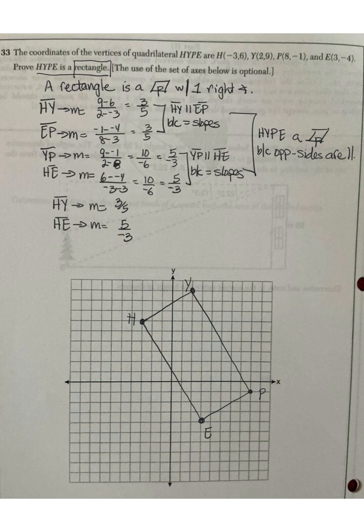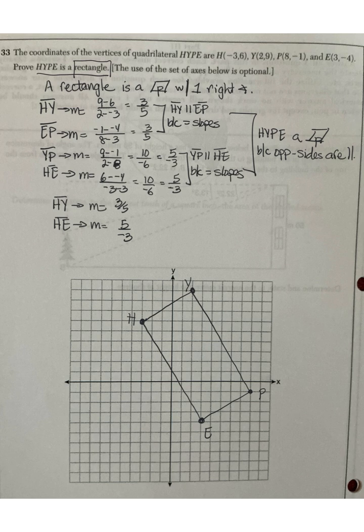It would be harder to see that if you had like this one and this one. So I just tend to reduce it. Let me repeat that again. It would be harder to see that if I had this 3/5 and this 10/-6. It's hard to see that those are not negative reciprocals of each other, but if this is simplified, it's easier.